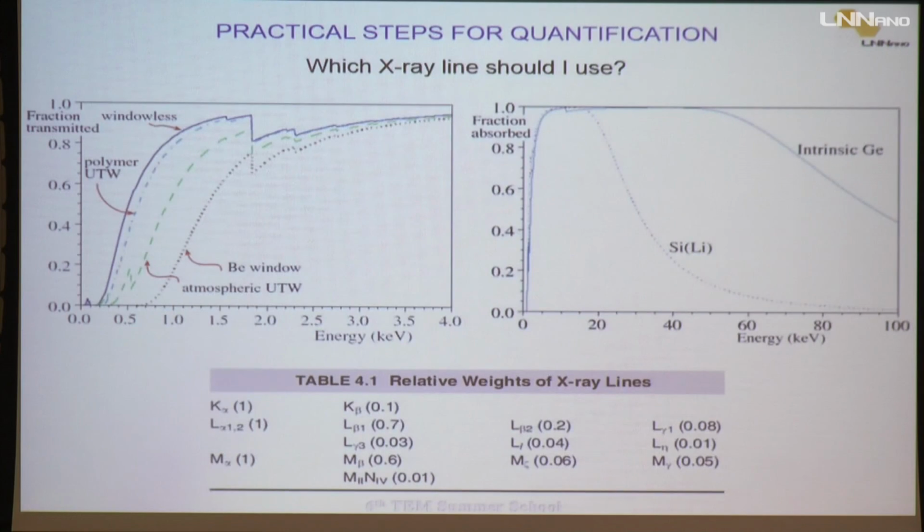But if you go for quantification, you start to think about the precision of your quantification, and then you start to have many problems. First one, which X-ray line should I use? I have these problems here with the detector that will not get the information of these low energy elements. We will lose actual information. And here is the fraction absorbed by the detector related to the energy.